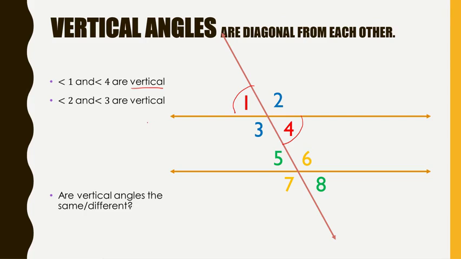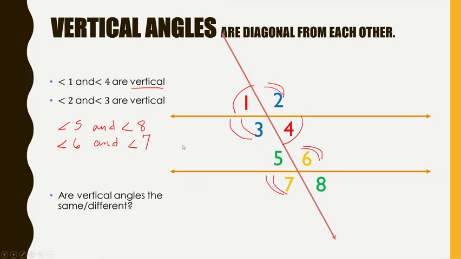Could we find another pair of vertical angles? How about angle 5 and angle 8? Another set would be 2 and 3, because they're equal measurement. How about angle 6 and angle 7? Angle 6 and angle 7 are also vertical angles.